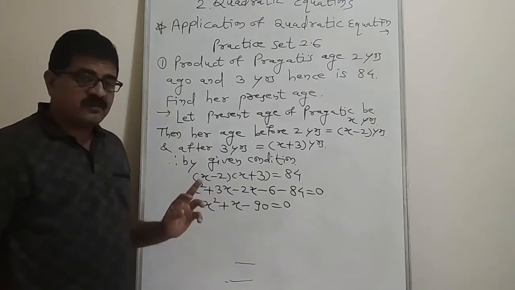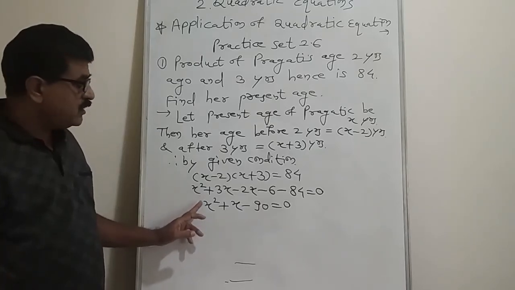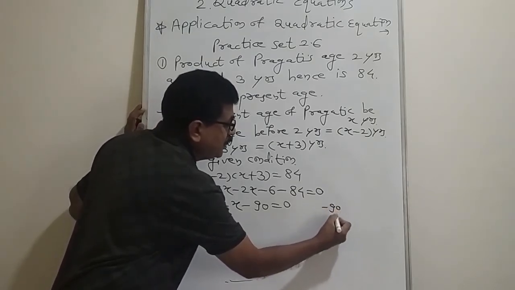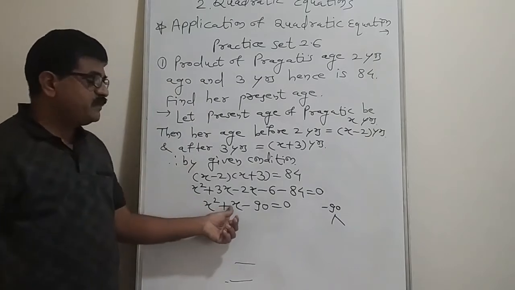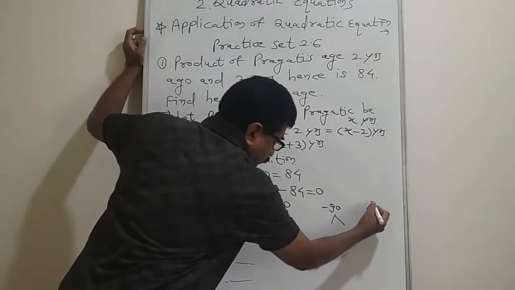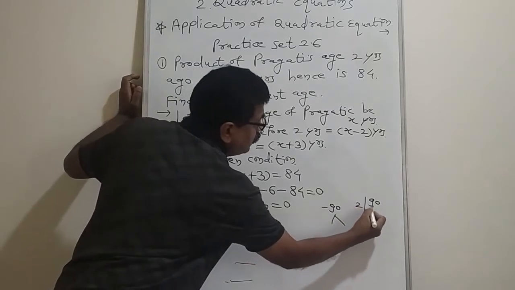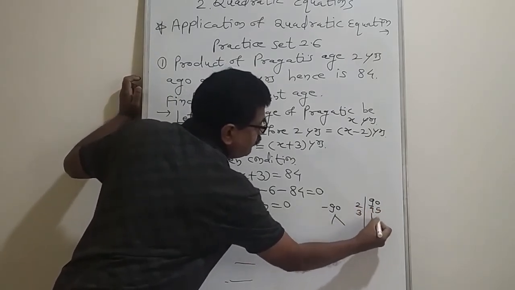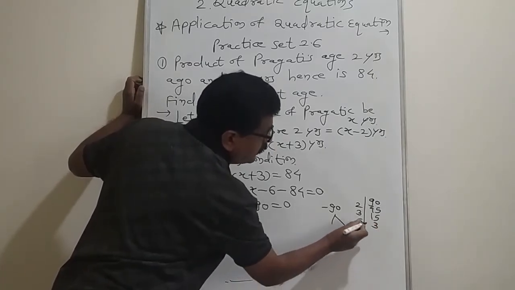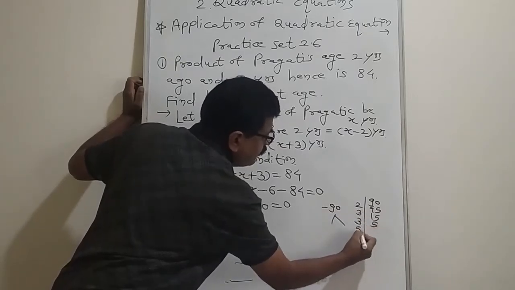Now we have to find two terms whose multiplication is coefficient of x square, 1, into minus 90, that is minus 90. Find two numbers whose difference must be 1. Now we find factors of 90: dividing by 2 is 45, dividing by 3 is 15, dividing by 3 again is 5, dividing by 5 is 1.